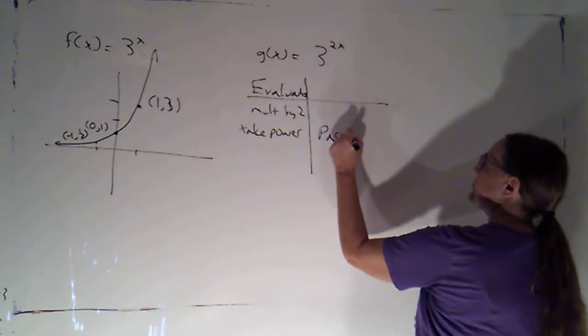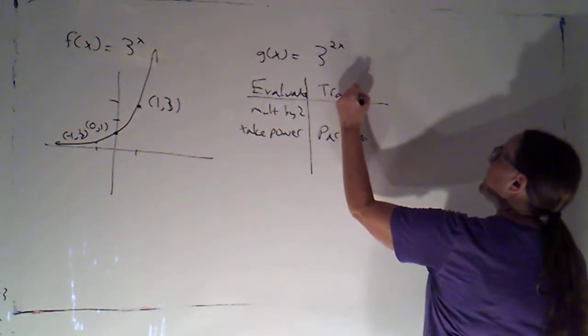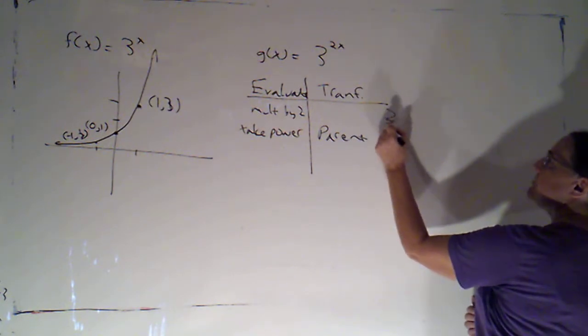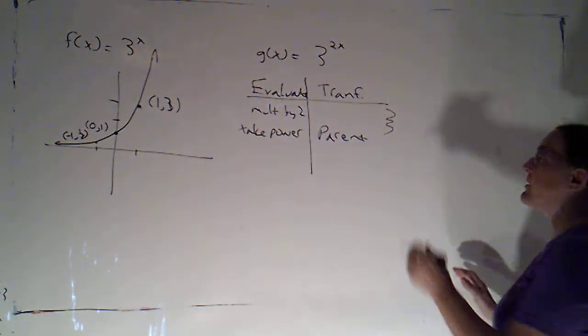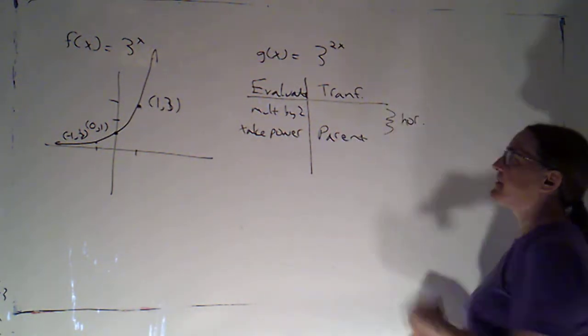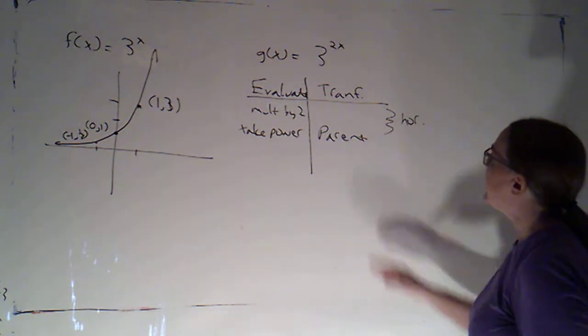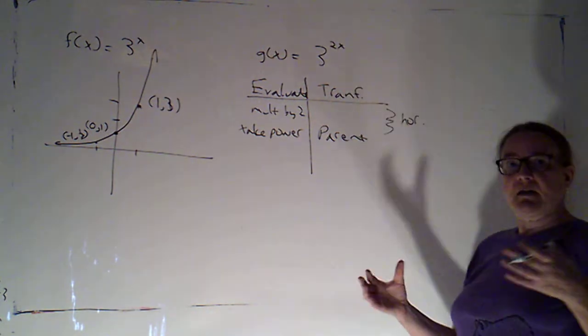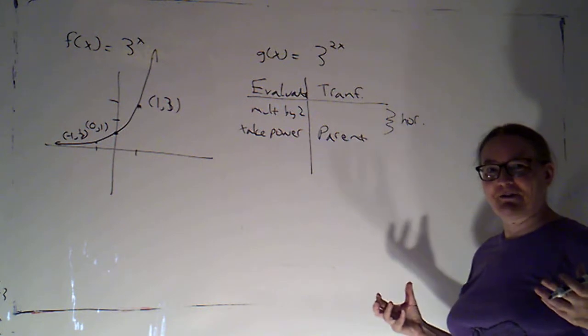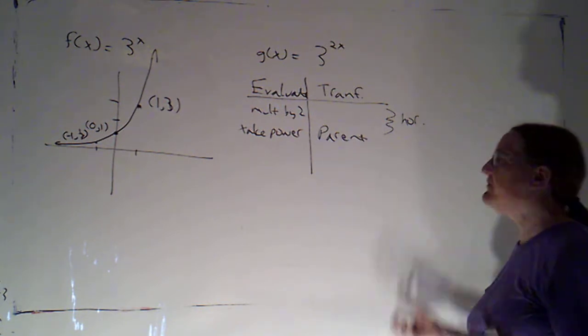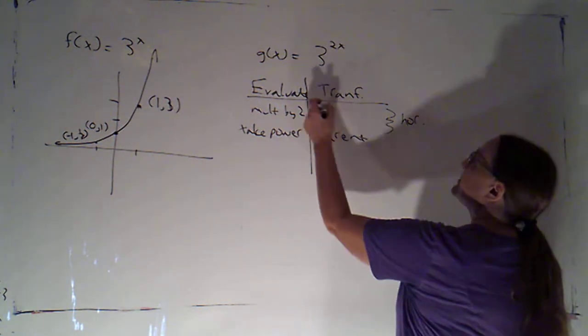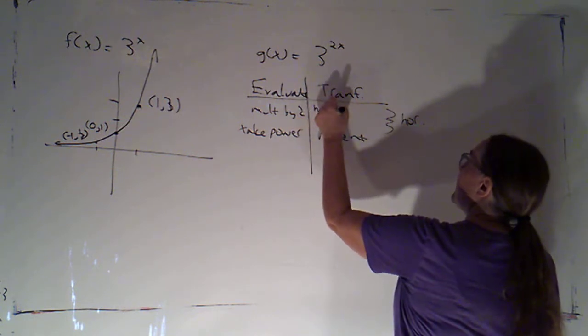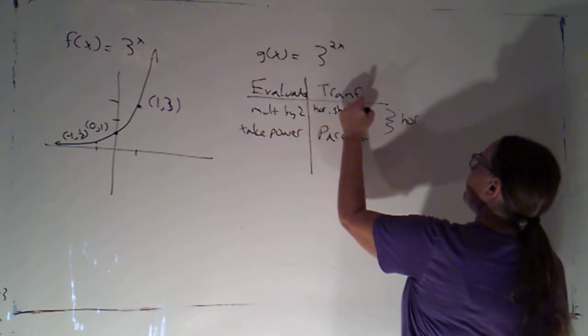That's my parent function. Since I'm doing that before the parent function, this would be a horizontal transformation. Multiplying x by 2 makes it bigger. Remember that horizontal transformations are counterintuitive, so this is going to be a horizontal shrink by a factor of 1/2.